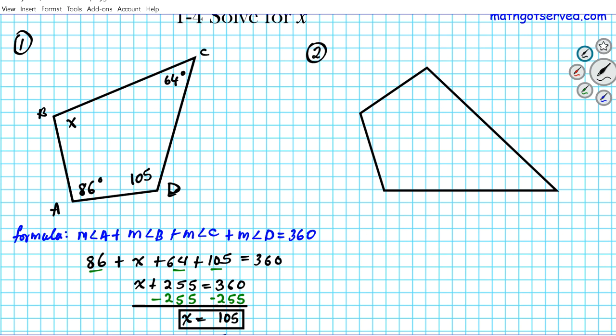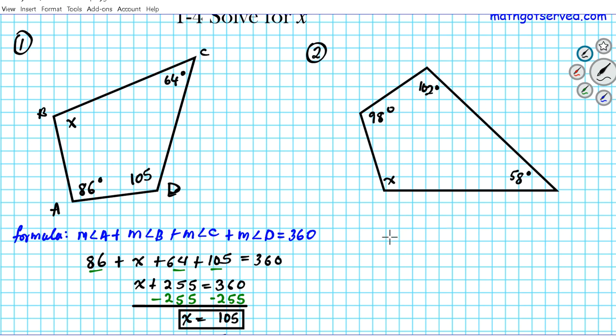We're going to apply the angle sum property of quadrilaterals here. So let's just put in the measures. Let's say this is x and this is 98 degrees, and this is 102 degrees, and this is 58 degrees.